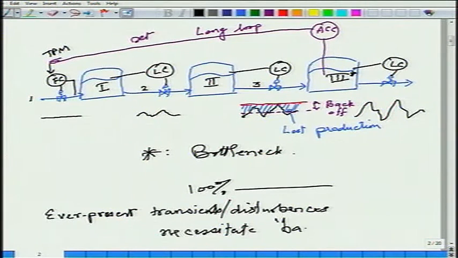Back off from the capacity constraint limit. Back off from what? The constraint limit. Is this idea clear?